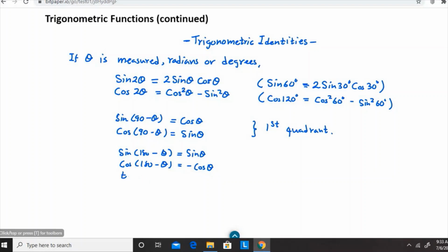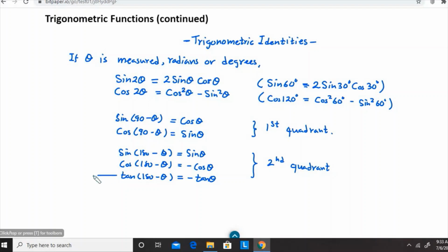And then tangent 180 degrees minus theta equals minus tangent theta. These are relevant for the second quadrant. If you think about the xy coordinate system, these are relevant in the second quadrant.